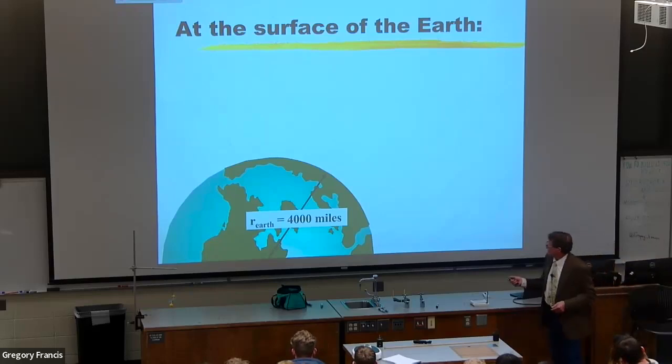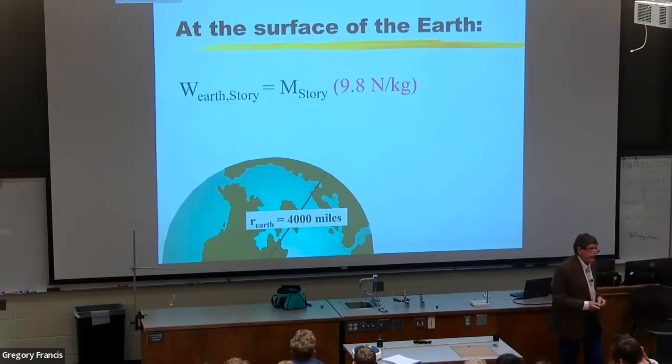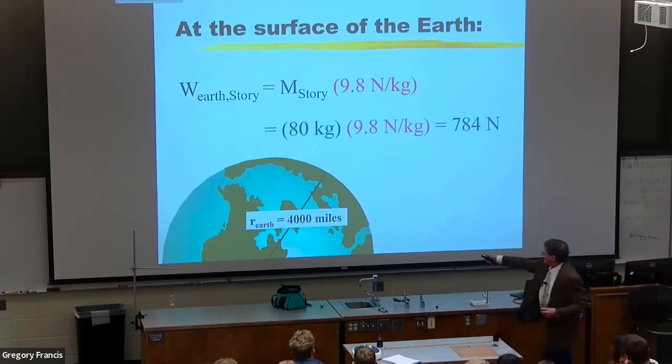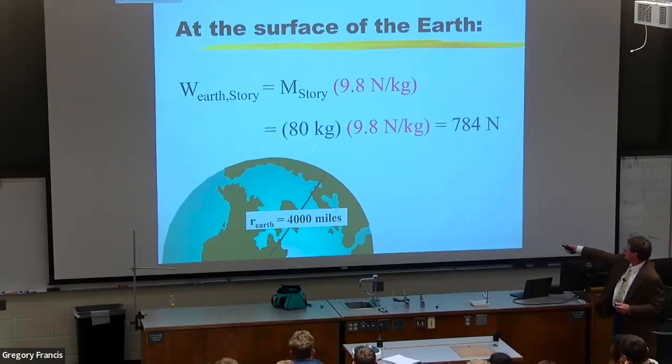Now, if I ask what's the weight of Story Musgrave in his bathroom on a bathroom scale on Earth, well, I would take the mass of Story, which is 80, and multiply it by 9.8 newtons for each kilogram and get 784 newtons.